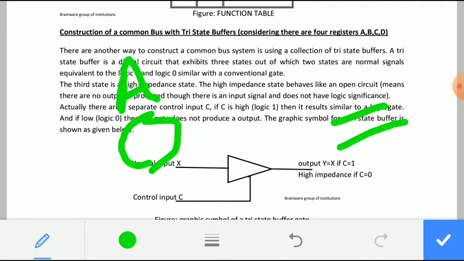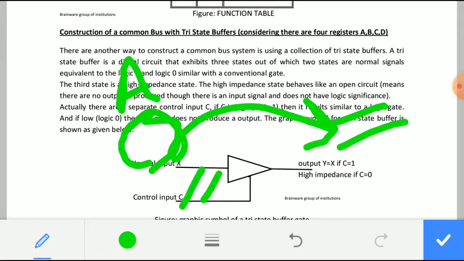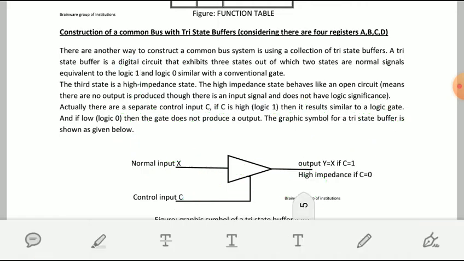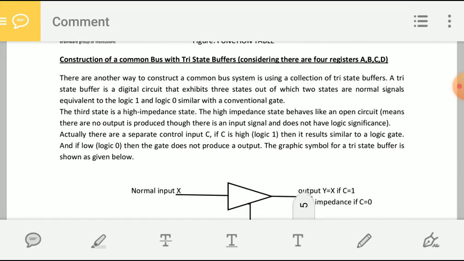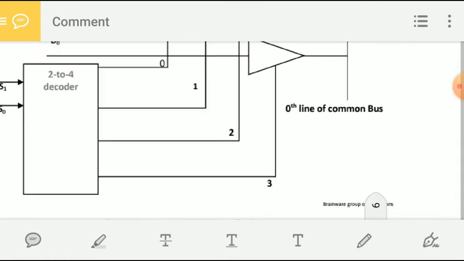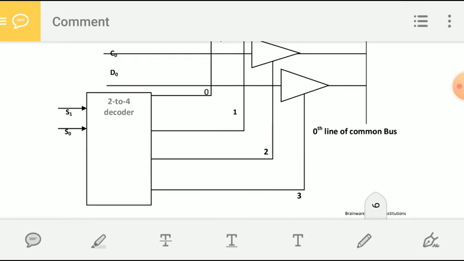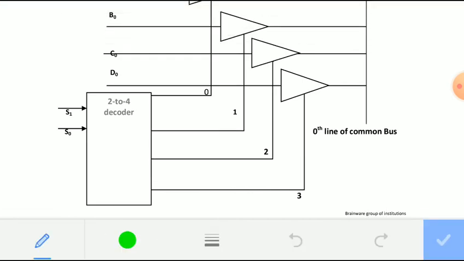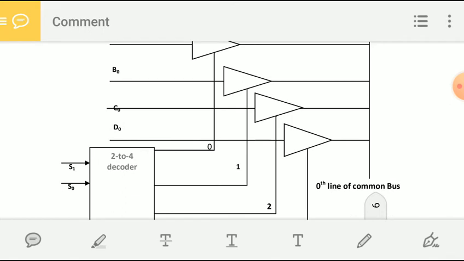The value of A is copied to the common line when C is 1. Otherwise it does not carry anything. The tri-state buffer is a very important thing. Next is the diagram showing how data from one register can be copied to the common line.